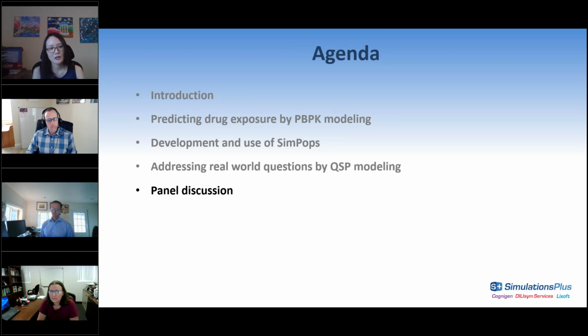So after we develop a platform of a disease, and then move on to really simulate a drug efficacy, two important questions we ask are: what is the exposure, what's the relevant site of exposure, and then what are the PD effects, and how do we parameterize those PD effects.